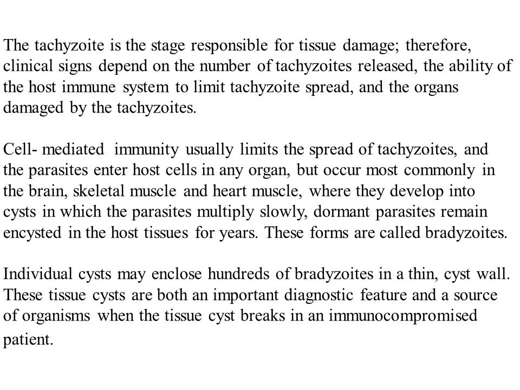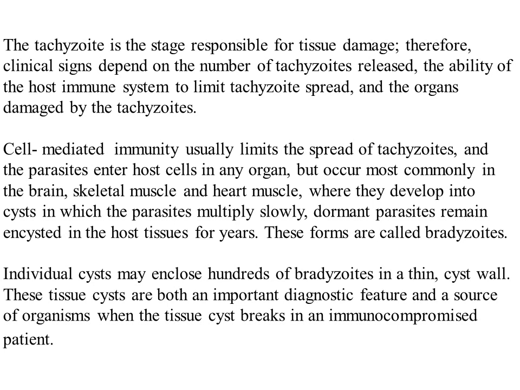Usually, cell-mediated immunity limits spread of these tachyzoites and the parasite enters host cells in any organ, most commonly seen in the brain, skeletal muscle, and heart muscle, where they develop into cysts in which the parasite multiplies slowly. The dormant parasite remains in the host tissue for years.